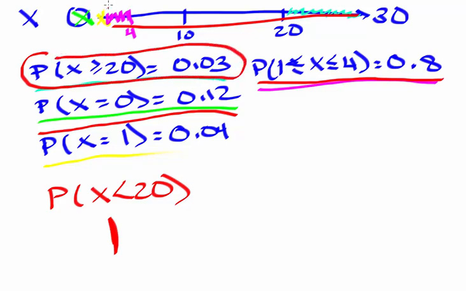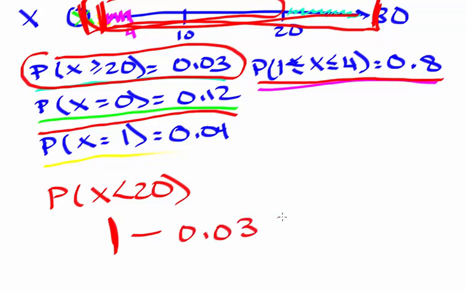So for us to get the piece that we really want, which is this part, we need to subtract from 1, the possibility that it could fall on any part, the probability of anything above 20, which is equal to 0.97, or 97%.